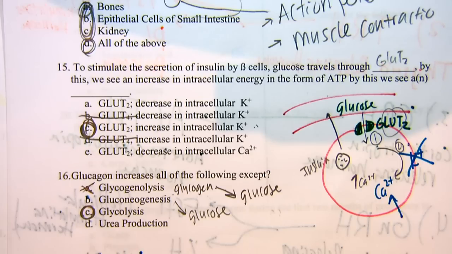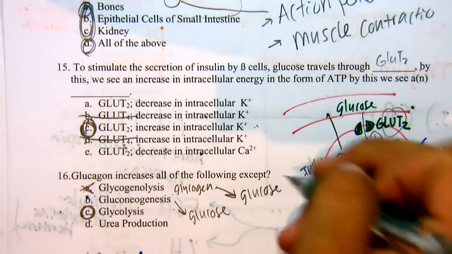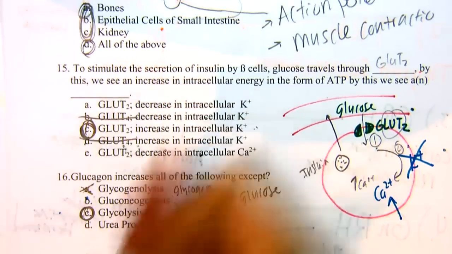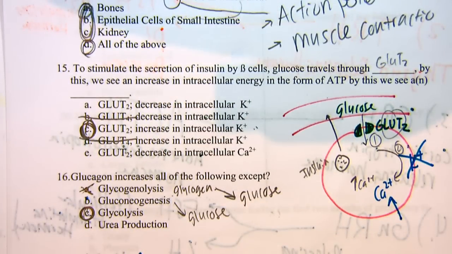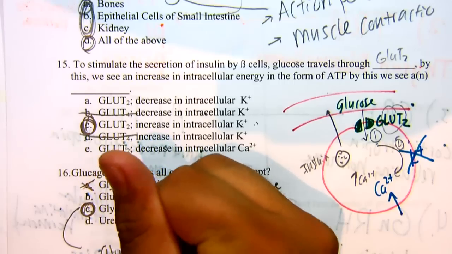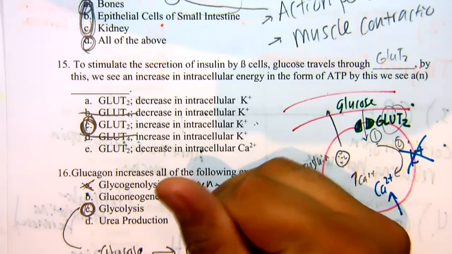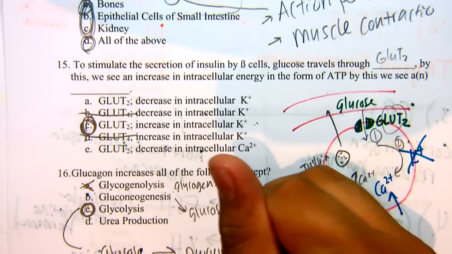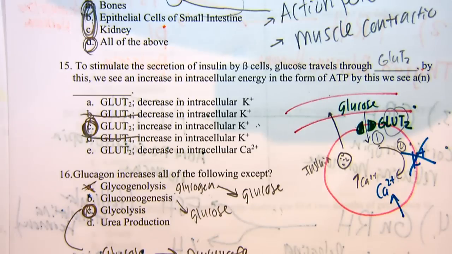If you have low sugar, you need to keep all the sugar you have. So it would do all the following except glycolysis, glucose into pyruvate. So the answer again for 16 was C, because glucagon acts to increase blood sugar levels. And how could we increase our blood sugar levels if we're cleaving sugar into pyruvate?